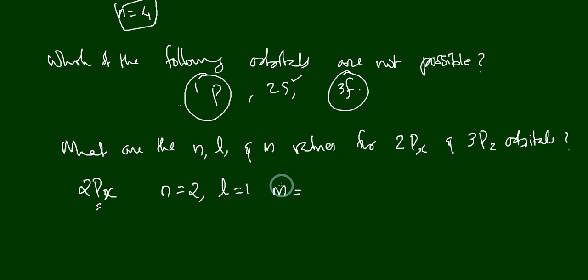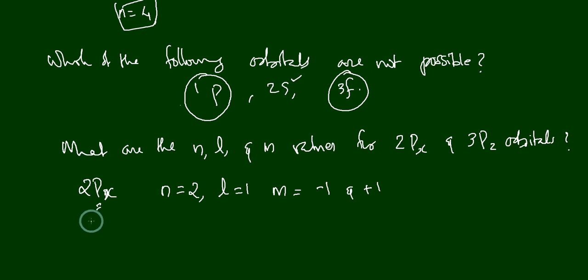Here it is the 2px orbital. I already said if it is x, m is equal to minus 1 and plus 1. There will be a combination of these minus 1 and plus 1 functions, and then we will get the 2px orbital.